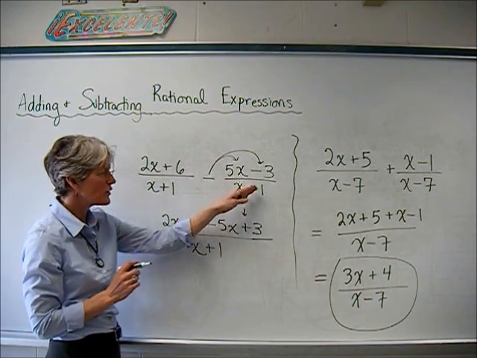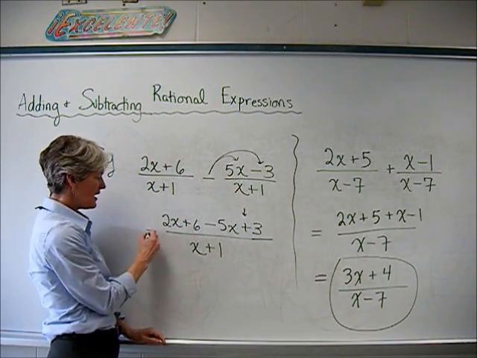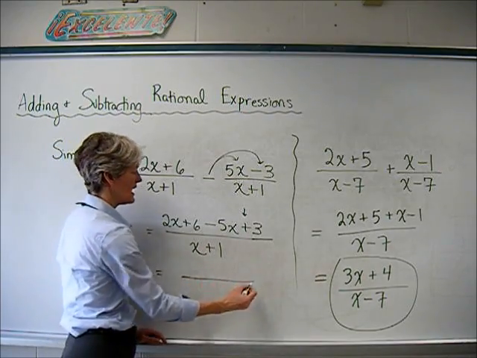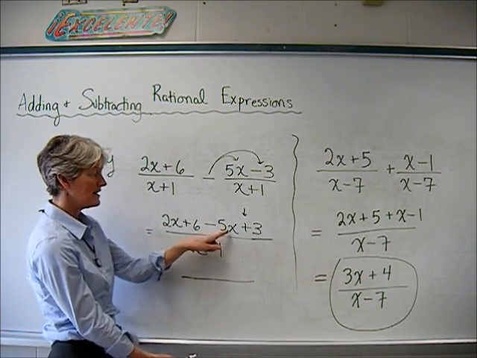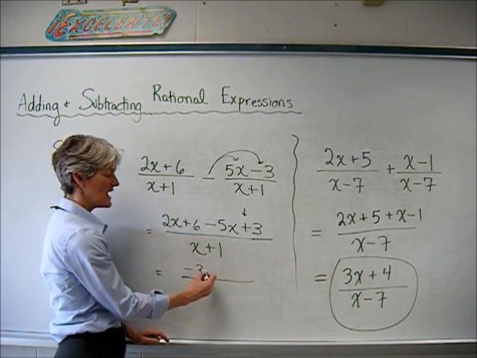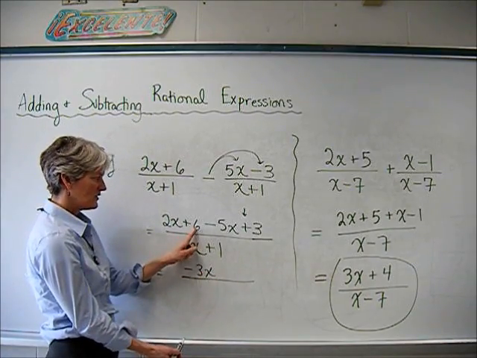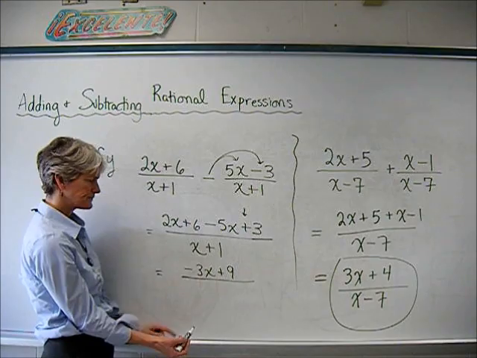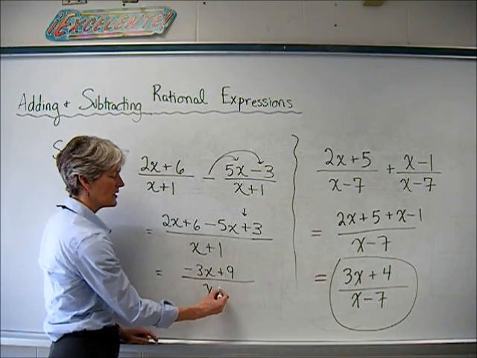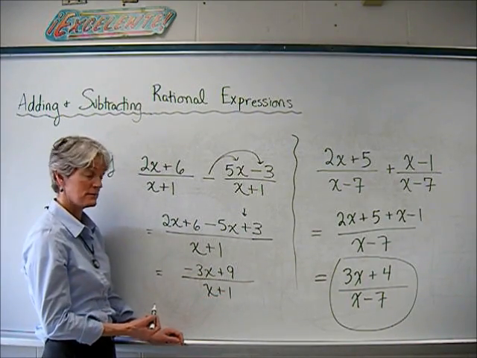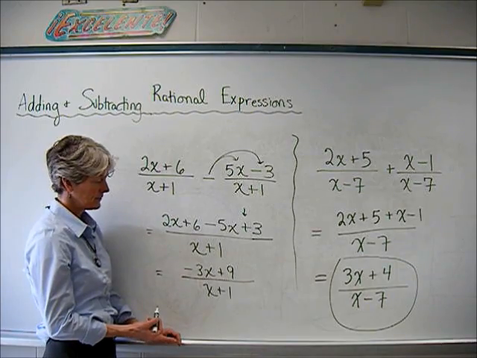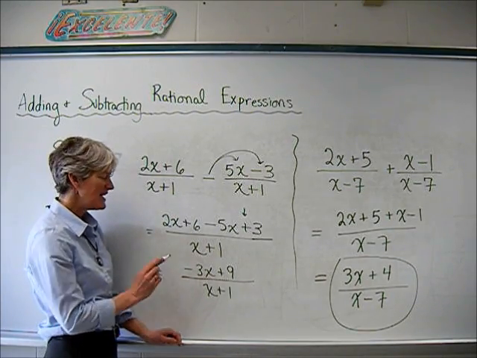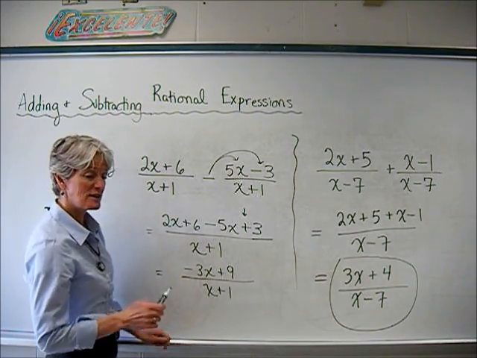You have to make sure you distribute that negative. And then we just combine like terms. Let's see, 2x minus 5x, that's our negative 3x. 6 plus 3 is a plus 3 over x plus 1. Okay. Now, this is an interesting situation.